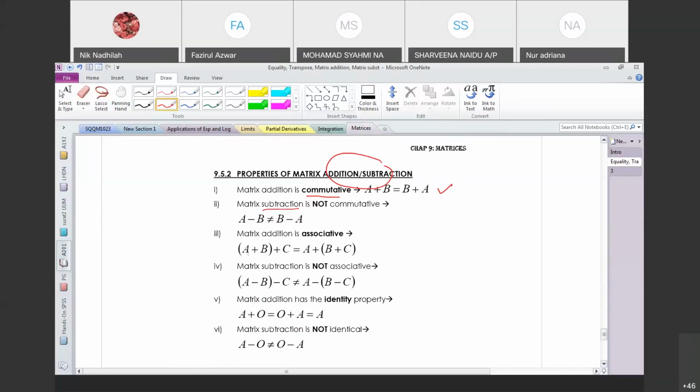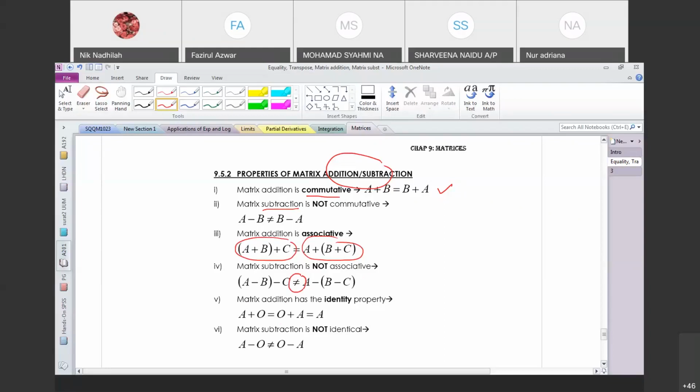That means if you add A plus B first, the whole thing will be the same if you find B plus C first, if you are going to add 3 matrices. However, matrix subtraction is not associative. They might not be the same.